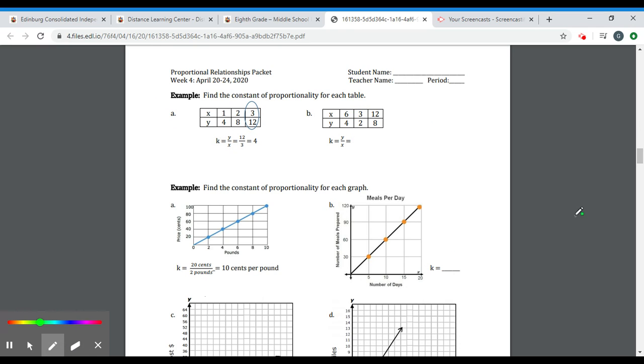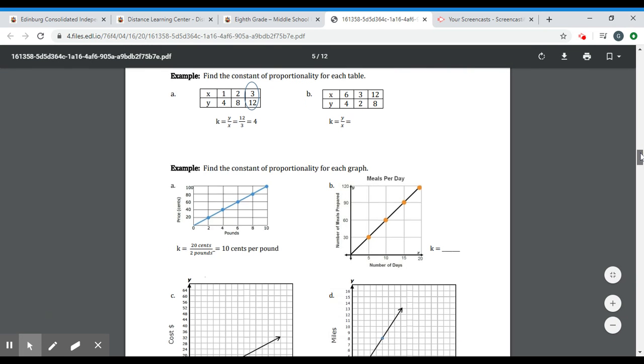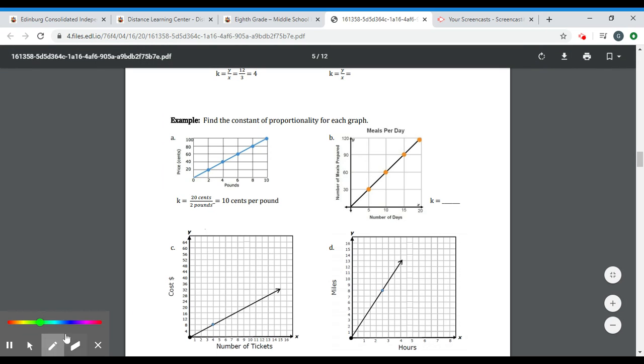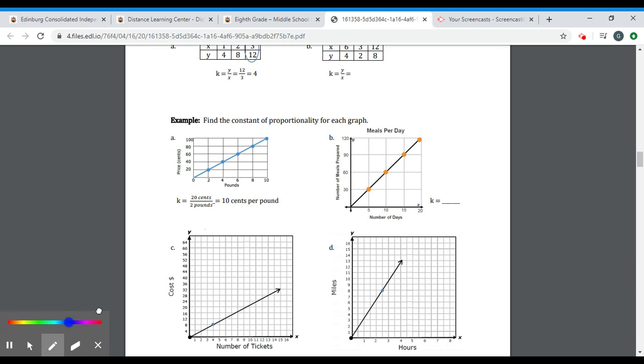Now, if we go into from a graph, okay, if we're looking at it from a graph, remember that we don't need to find y-intercept, okay, because it is already proportional.